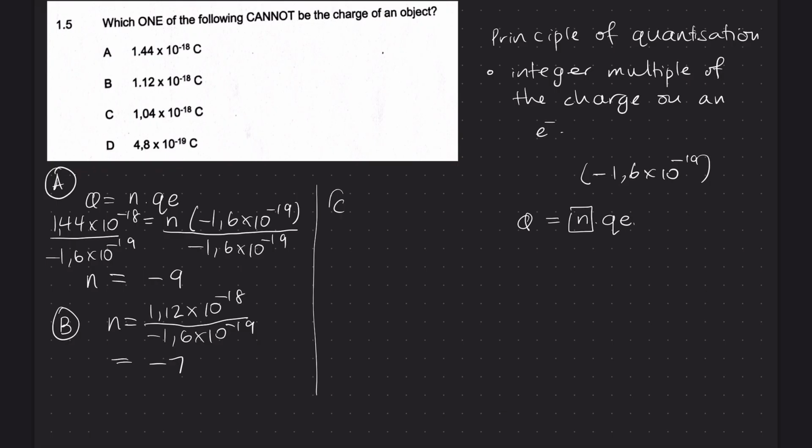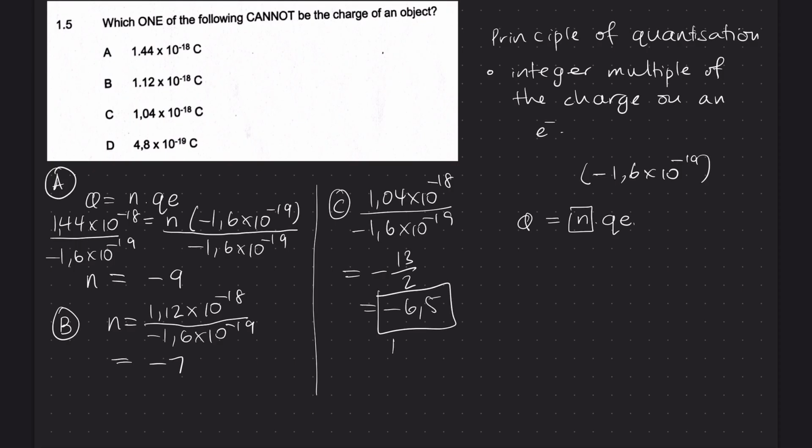Let's check C. C will be 1,04 times 10 to the negative 18 divided by minus 1,6 times 10 to the negative 19. If we test C, you get minus 13 over 2, which is minus 6.5.